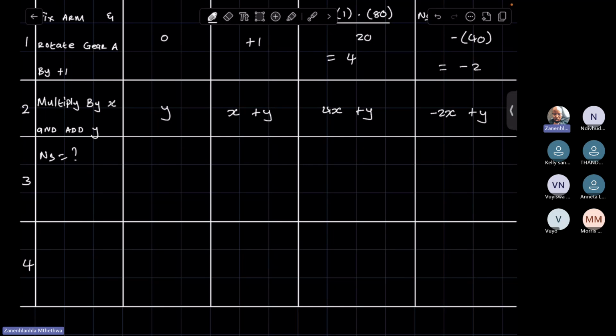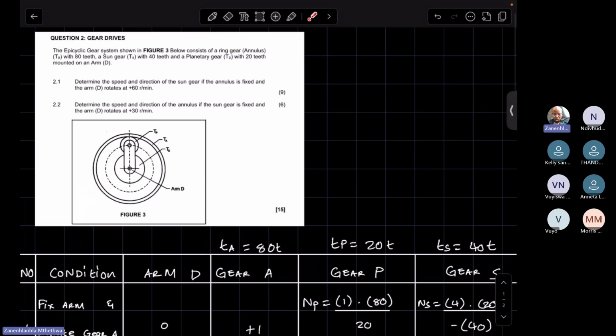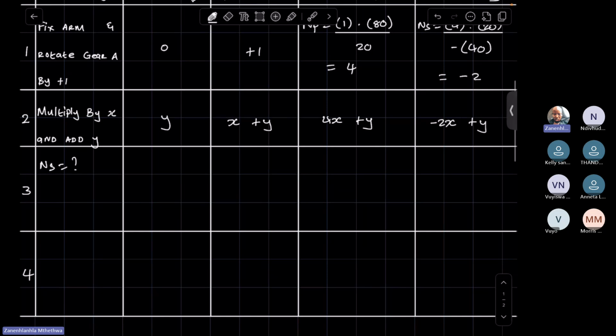So remember I said to complete any other condition that comes after the second condition, you need 3 quantities: what you're looking for and 2 other assumptions. We've already established what we're looking for. We're looking for the rotational frequency and direction of rotation of the sun gear. 2 assumptions. If the annulus is fixed, so NA is 0.